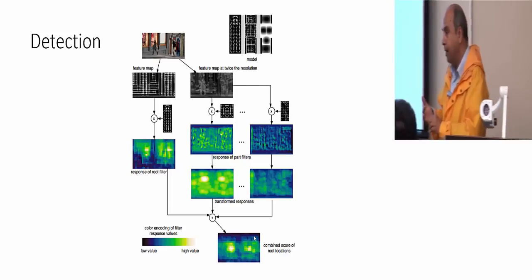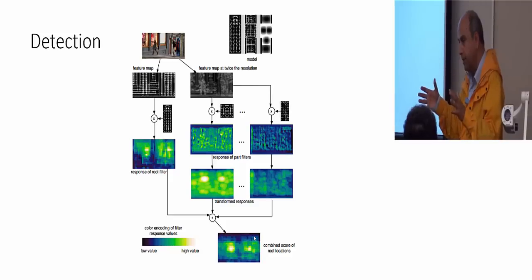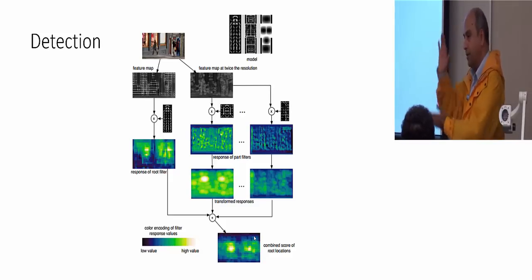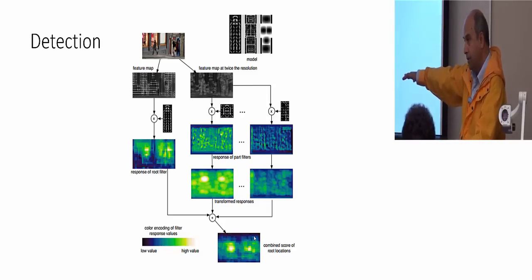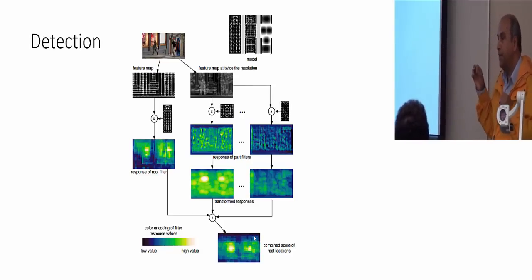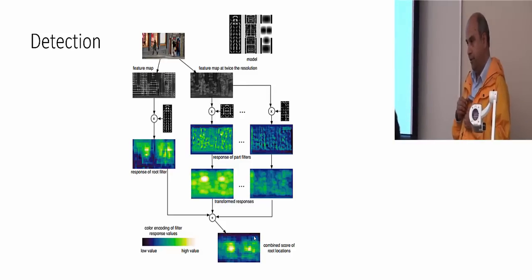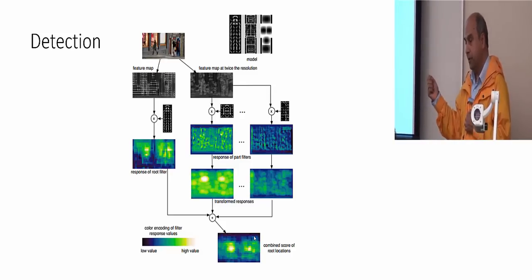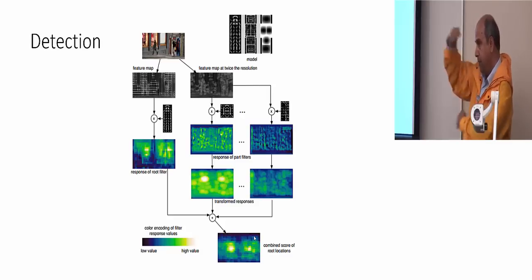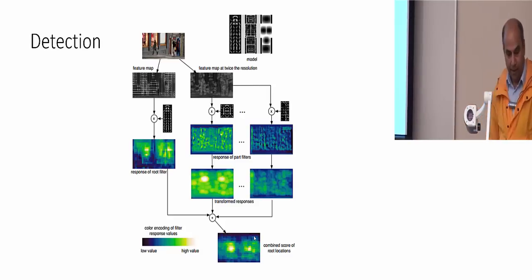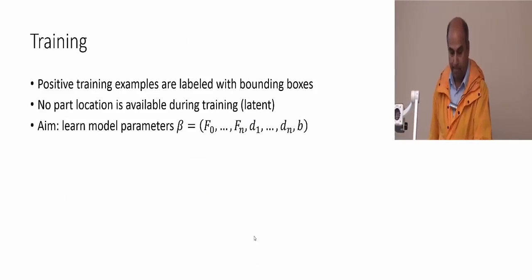We found the part filter, root filter, deformation, all these things, assuming the parts are constant in all the examples, using standard SVM. Now we can find the right location of the parts. That gives you Z. So we fix beta, we find the Z, and we are going to iterate like that.